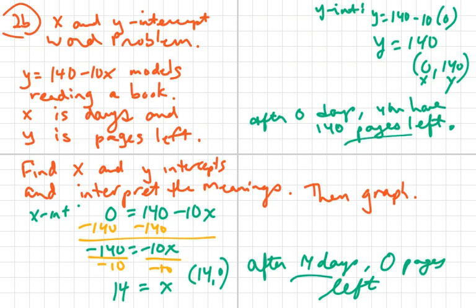Okay? Now to graph, so we have the x-intercept is 14, 0. So I would just count by, I don't know, 2's. And then 0, 140, so you can count by 20's.